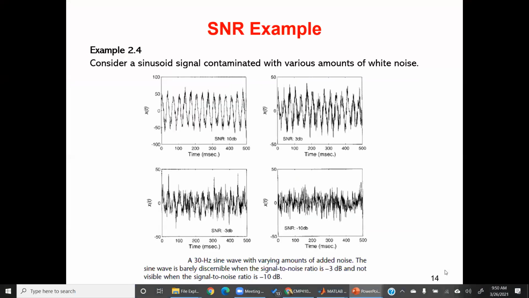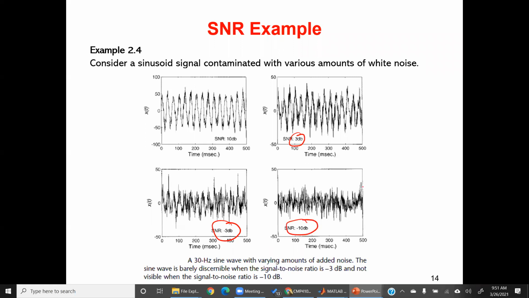So what you have here is 10 dB. If you increase the noise, then the SNR reduces. This is 3 dB. That's 3 dB. That's minus 3 dB. That's negative 10 dB.